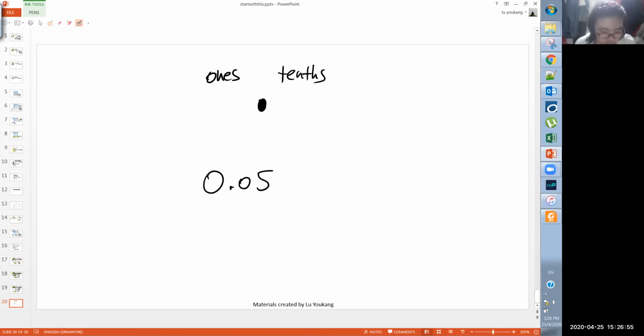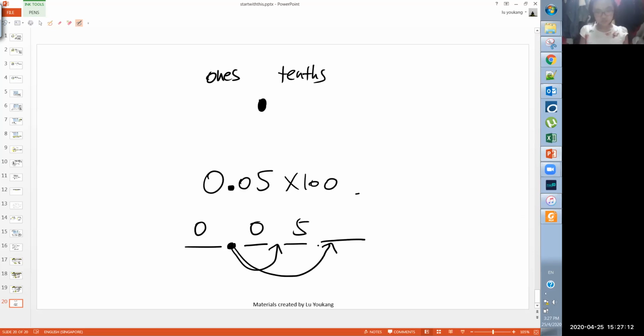So now 0.05, we times 100. Okay? So that means 0.05 we move to the right by 2 decimal places, yes. So now my decimal point is no longer here because I need to move to the right. So my decimal point is now here. Okay? So what is this position then?